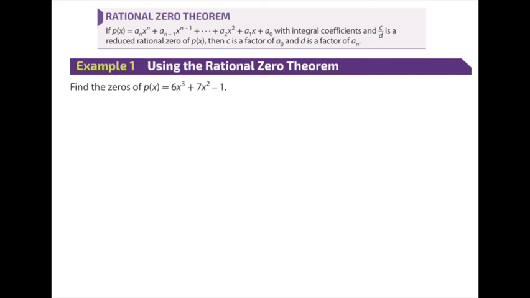Integral coefficients. So we have coefficients: your leading coefficient at the beginning, and your constant, which is at the end when it's in standard form. This is saying that C over D is going to be a possibility, I guess I should say it that way, for the zero of this particular function.